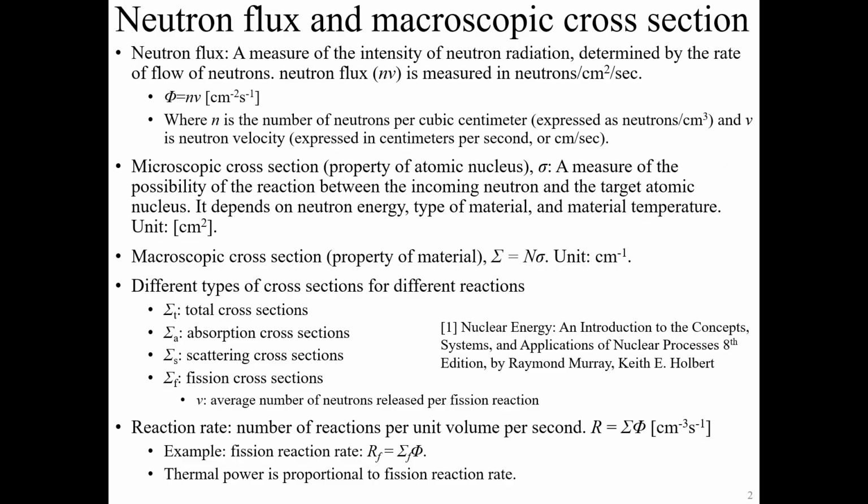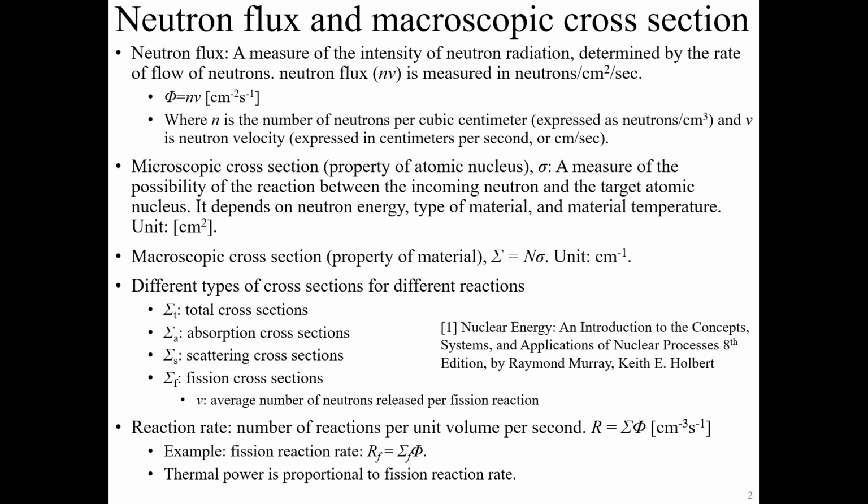Before I go to the neutron diffusion equation, let us first study the neutron flux and the cross-section. If you want to know more about those reactor physics concepts, please go to the 4397 course.